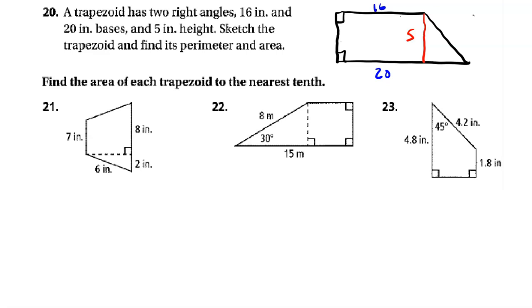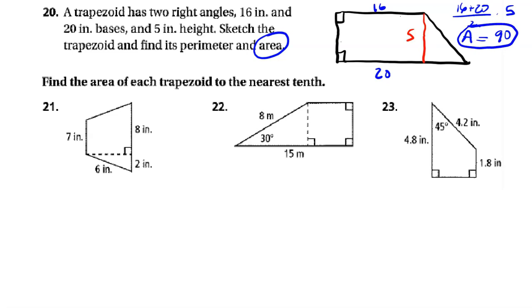Well, the area would be pretty easy. The area here is just going to be base 1 plus base 2 chopped in half times the height. So that's 36 divided by 2 is 18 times 5, which would be 90. So there's the area.